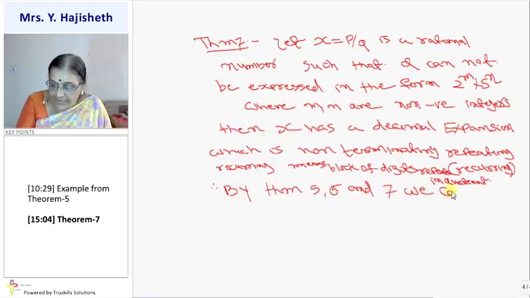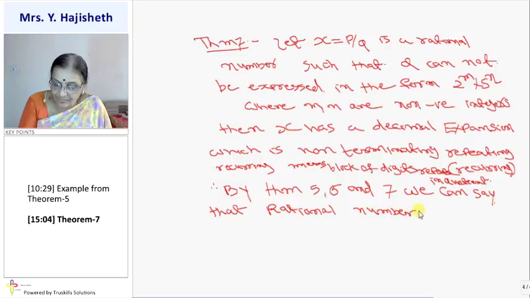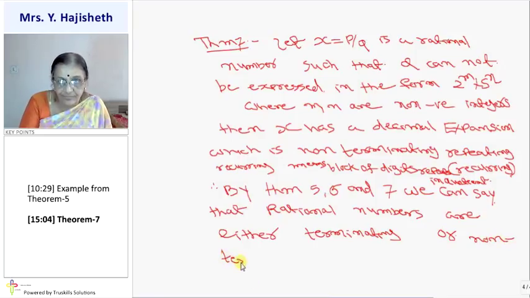We can say that a rational number is either terminating or non-terminating but recurring.